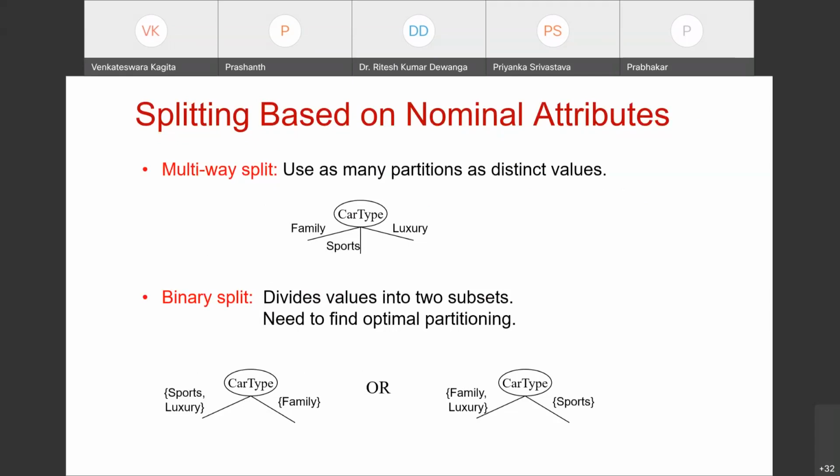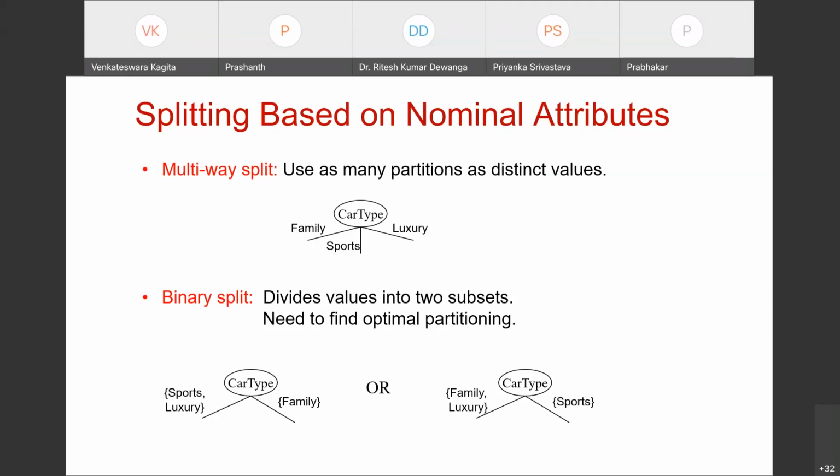So you make three different partitions: family one partition, sports another partition, luxury another partition. As many distinct values as you have, make that many partitions.